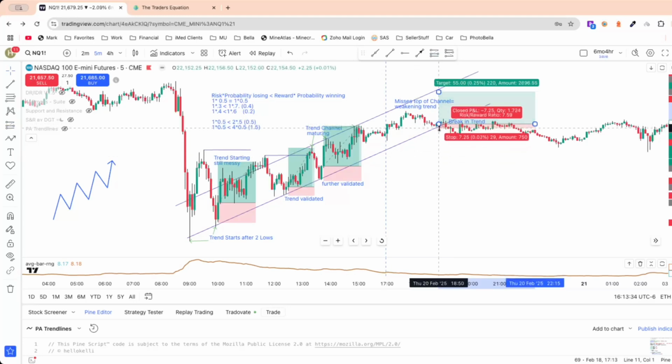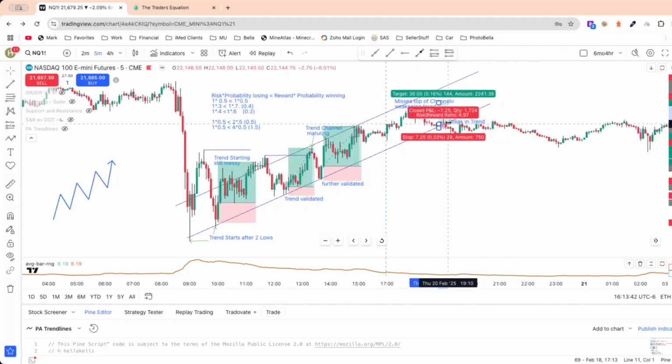And I would have had a really small stop loss because it would have been below there. And this one would have been a loser, because the trend is turning and it's no longer a trend that's in place. So that would have been a loser.